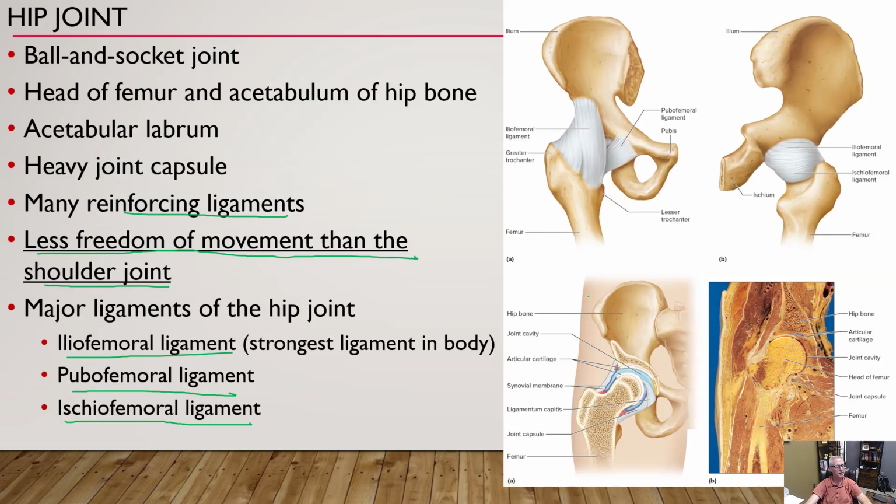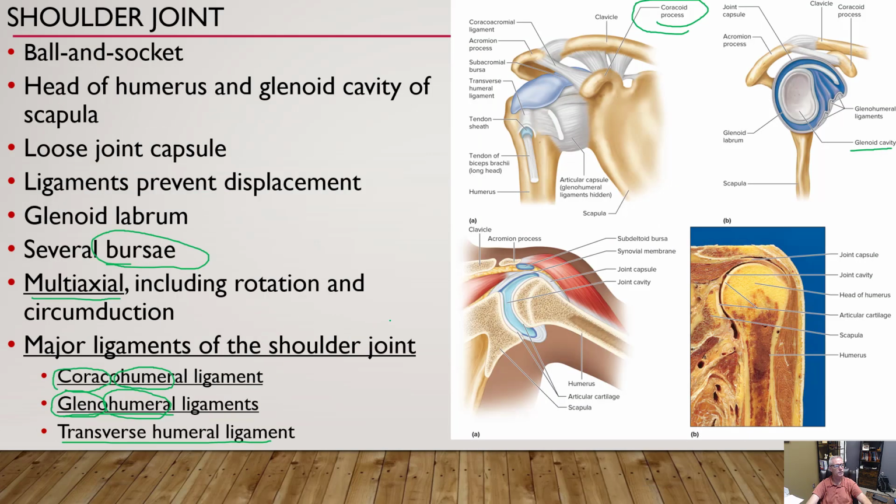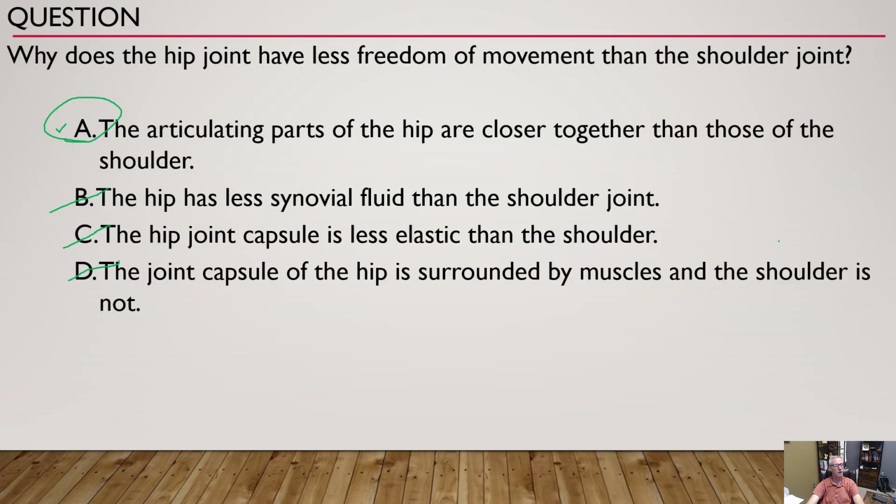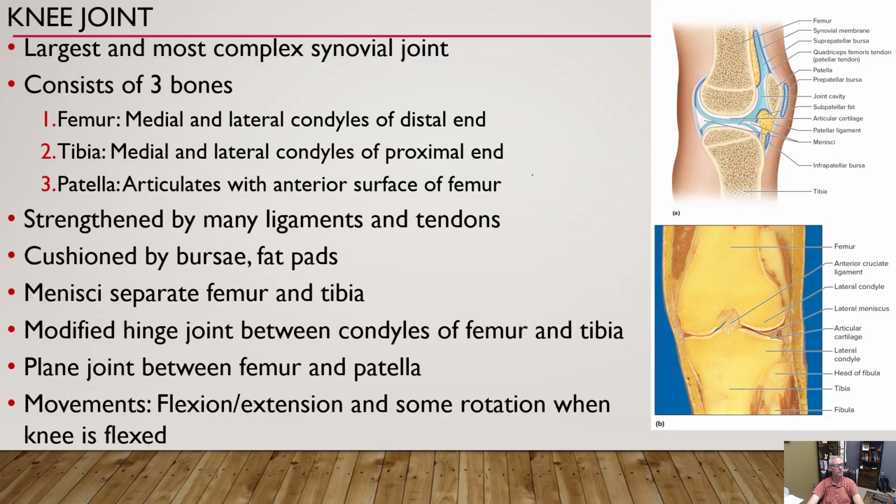The hip has a bunch of ligaments and tendons surrounding the joint compared to the shoulder. So we actually have more degree of movement in the shoulder than the hip. So A is our right answer.